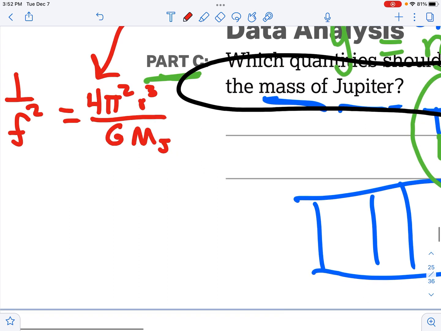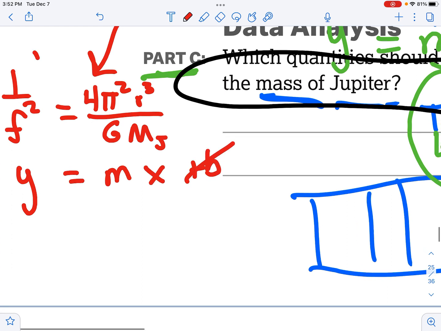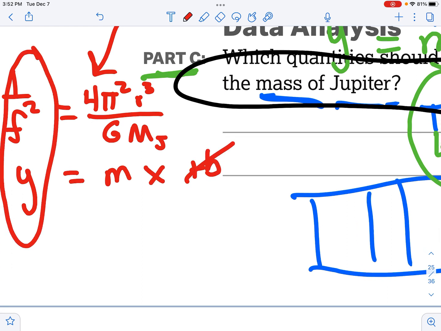So if they gave me frequency, which in this circumstance now I have been given, I would still line everything up the same way. y equals mx plus b. Still no b. It's odd to say, but I would put 1 over frequency squared on one of my axes. And you know what? That's fine. I would put r cubed on one of my axes.